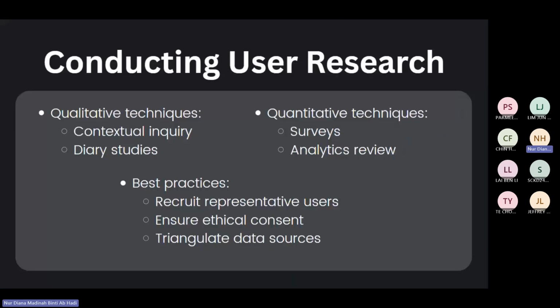Anyone know what is qualitative data? No numerical information, is it? Yeah. Qualitative data is something that you cannot count.